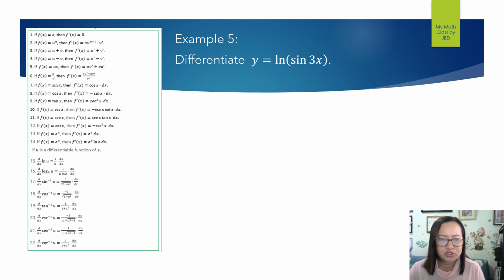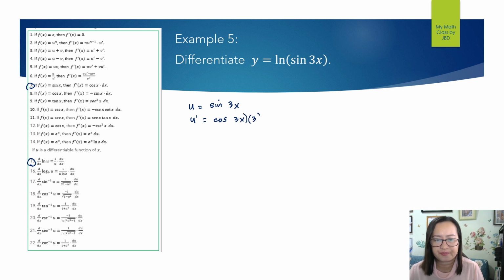So, using rule number 15, we will let u be equal to sine 3x, such that when we have u prime, using rule number 7, we will have cosine 3x times 3. Simplifying this, we will have 3 cosine 3x.